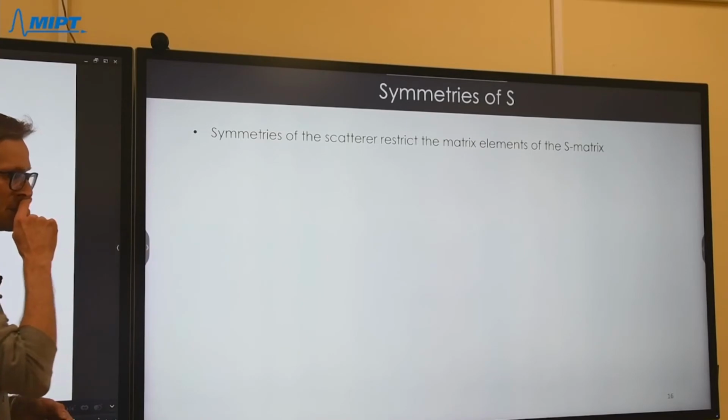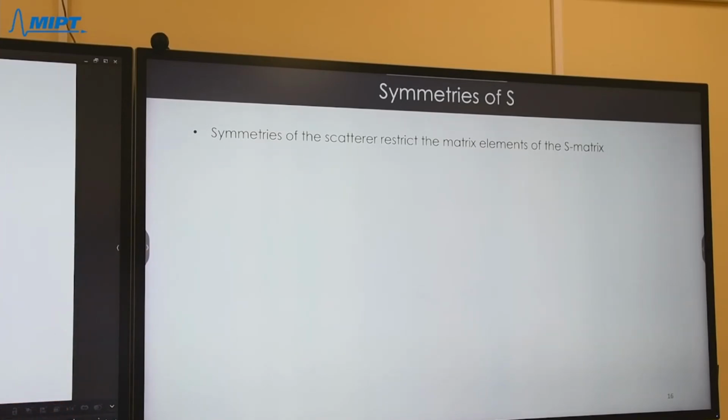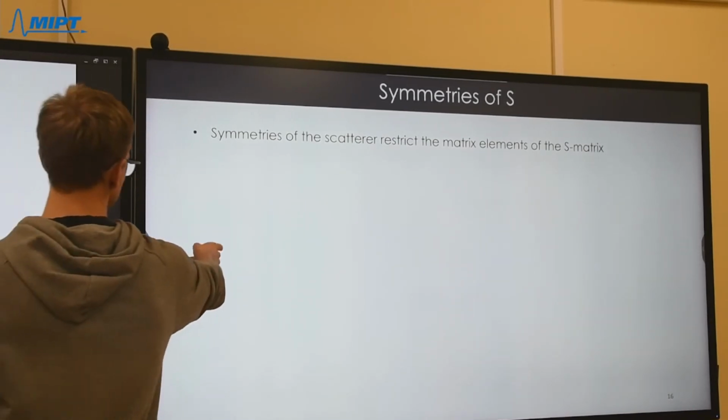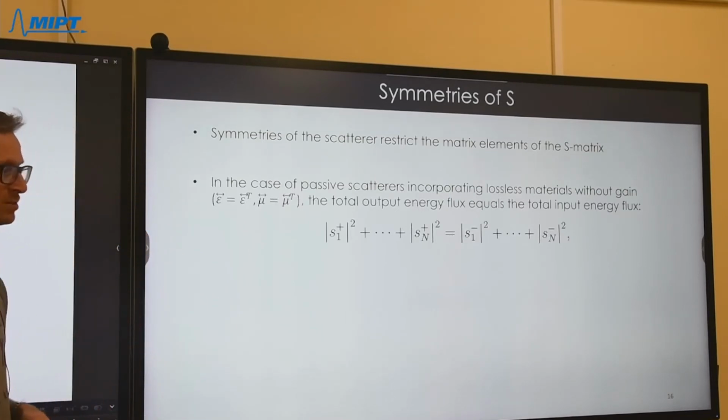So symmetries of the object, they are important. They determine the corresponding symmetries of the S matrix itself. For example, one of the most common symmetries is the passivity of the object, if the object does not have any loss or gain.